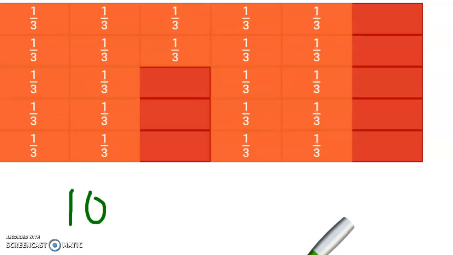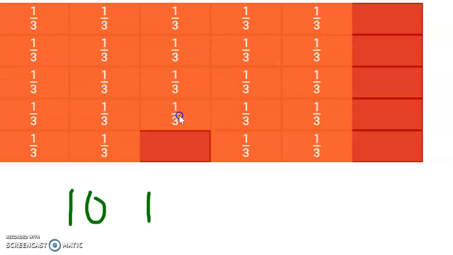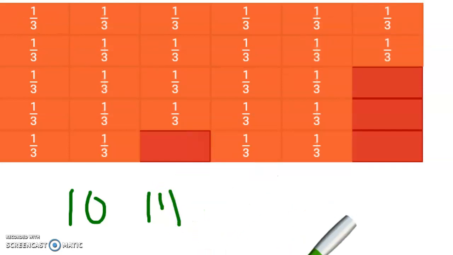That's going to give me another cup. And then I can do 1/3 plus 1/3 again, and that's going to give me another cup. So that makes 12 cups. And then I can do another 1/3 and a 1/3. That gives me another 2/3, or another batch. And then I've got another batch coming up.